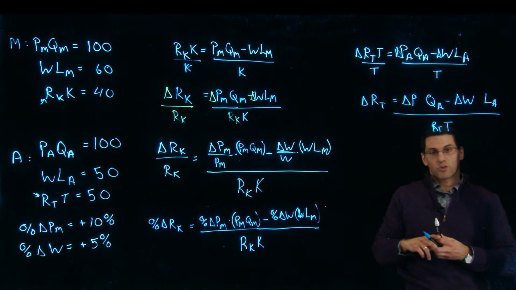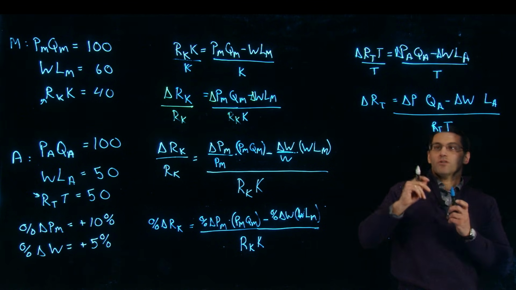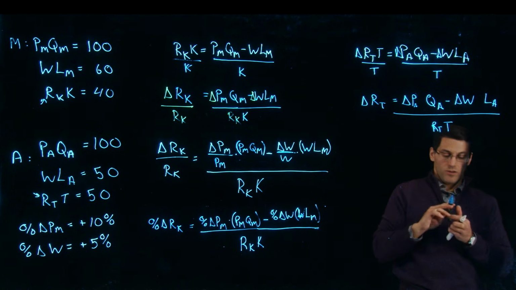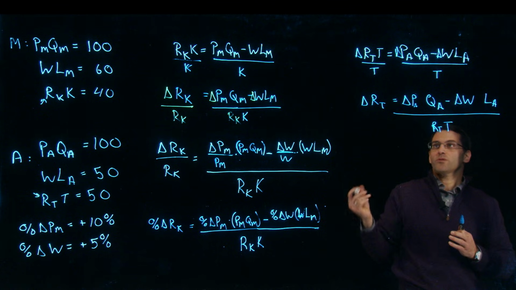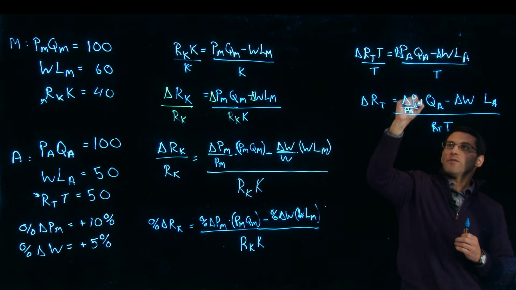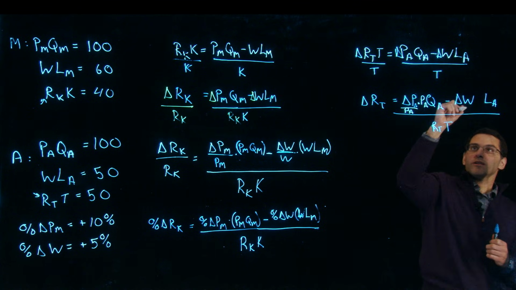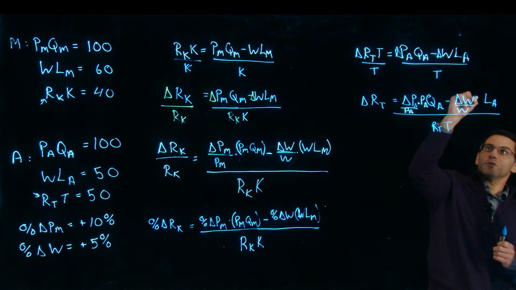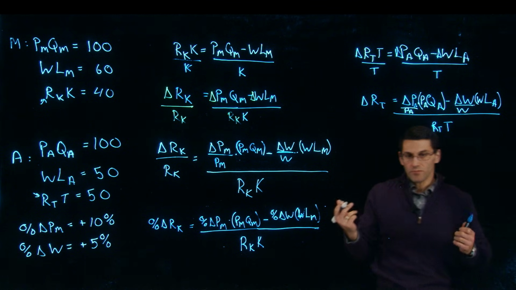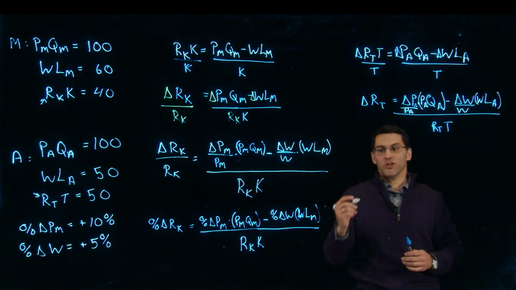Again, we do the same steps as before. We want to convert these changes in prices into percentage changes. So you would divide through by PA, and then multiply by PA, divide through by W, multiply by W. So we get to a similar expression here.